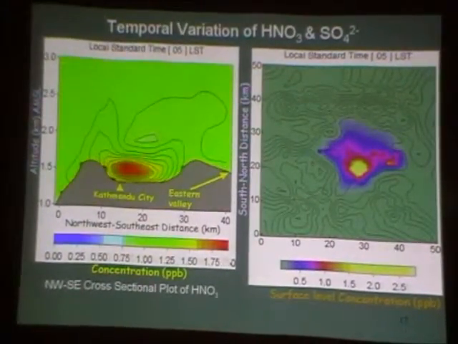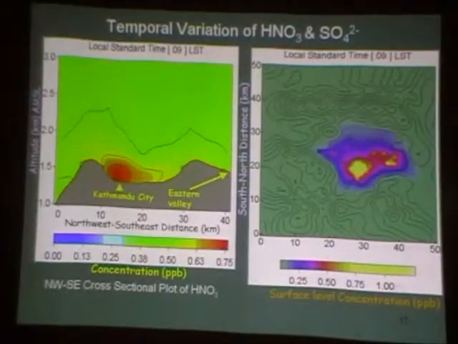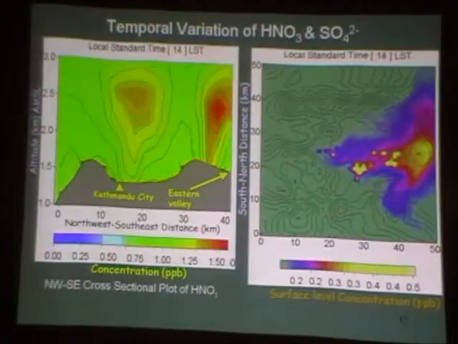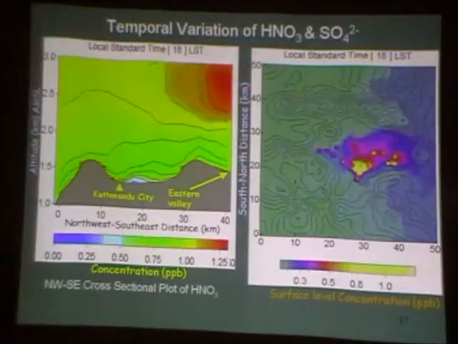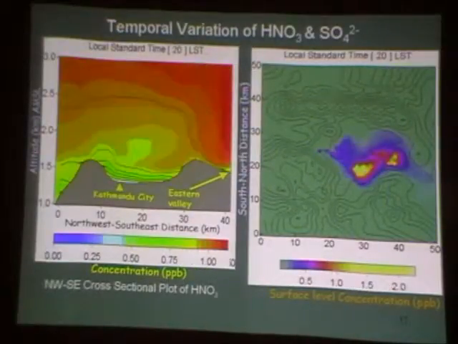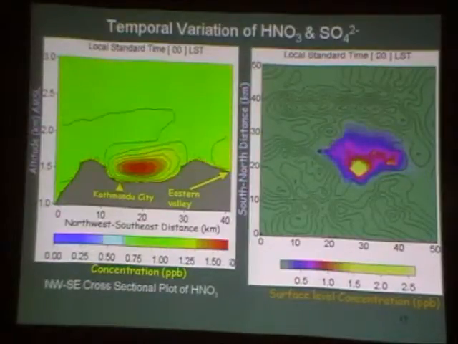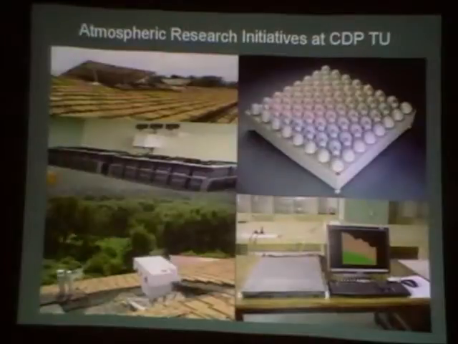And this is the nitric acid case, these are the secondary pollutants. Another interesting fact is that at about 1 p.m. it crosses into the eastern valley, but during the night time it partially turns back and remains floating over the valley throughout the night till the next mixed layer develops.